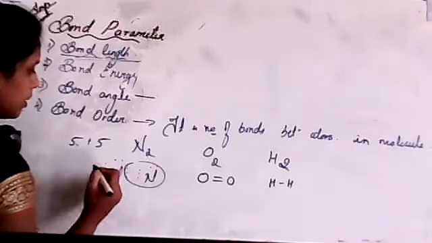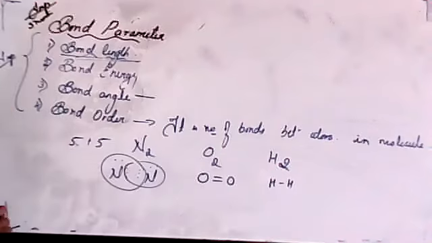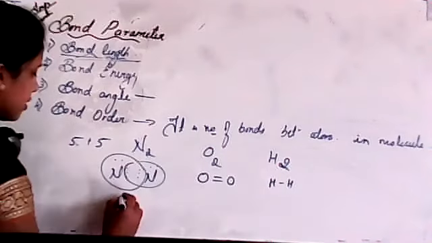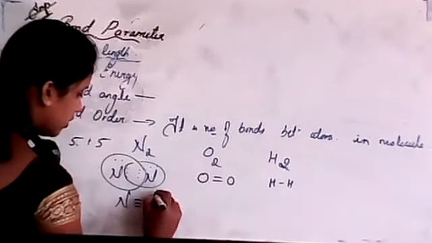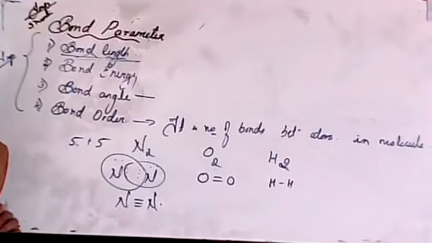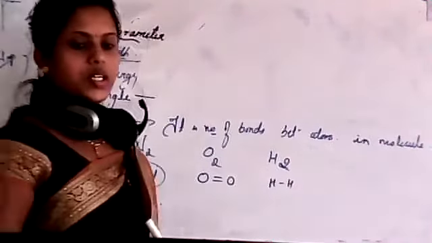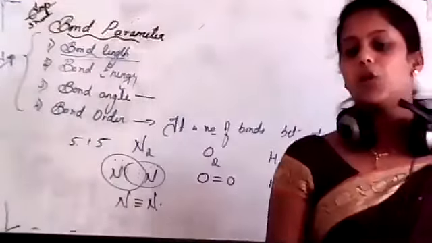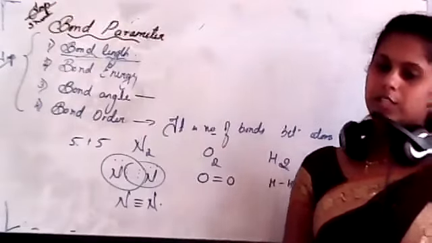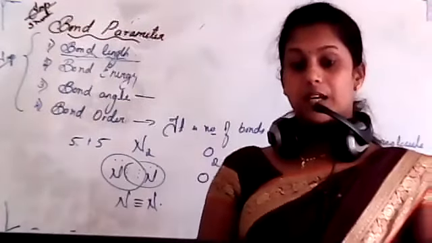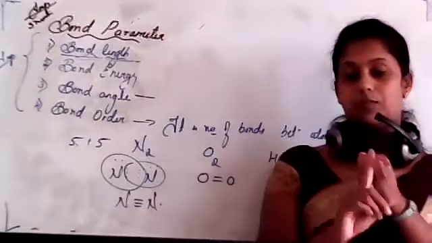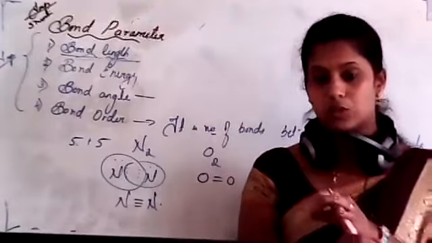So 3 plus 3 plus 2 and 3 plus 3 plus 2. Yes, that is nitrogen with a triple bond. Is this clear, students? Next we'll study formal charges, where we have to know about bonded pairs of electrons, valence electrons and lone pairs.